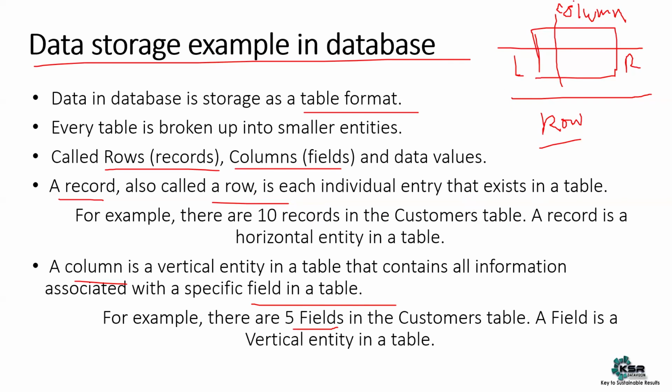Column is which flows from top to bottom. This is how the information is stored in any specific database. And in order to interact with this, you have to use a language, which is your SQL language. SQL is almost similar to English. If you know the grammatical concepts of English, it is very easy to understand SQL.